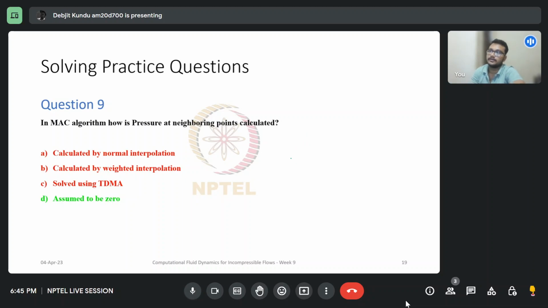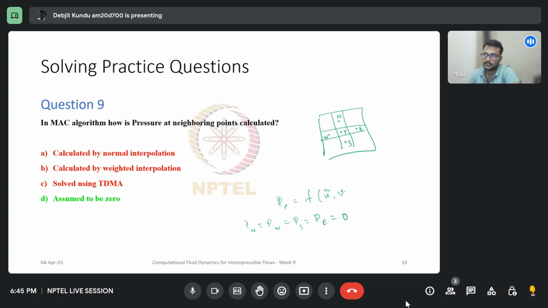So here, we have cells like this. This is P, this is E, this is W, this is N, and this is S. While calculating the pressure at P, we assume that these PN, PW, PS, PE are all identically equal to zero, and this is some function of the provisional velocities and what else came here.